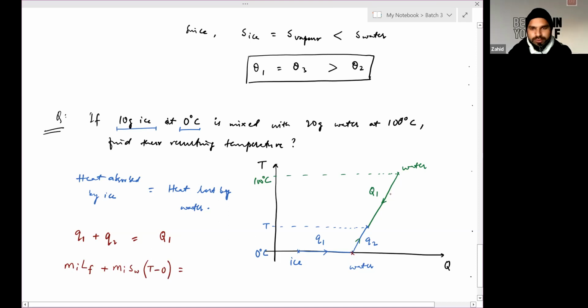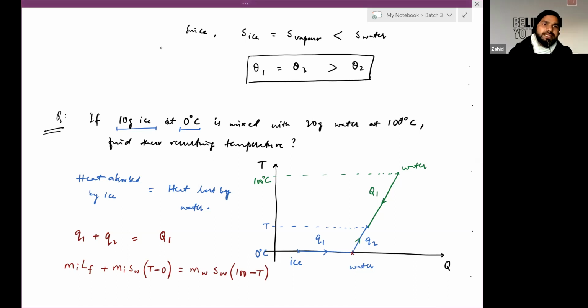Capital Q1 is the amount of heat lost by water to go from 100 degrees Celsius to T degrees Celsius, so this will again be termed specific heat: mass of water, specific heat capacity of water, and change in temperature, that is 100 minus T. Now put the value of each part and simplify it to find T.